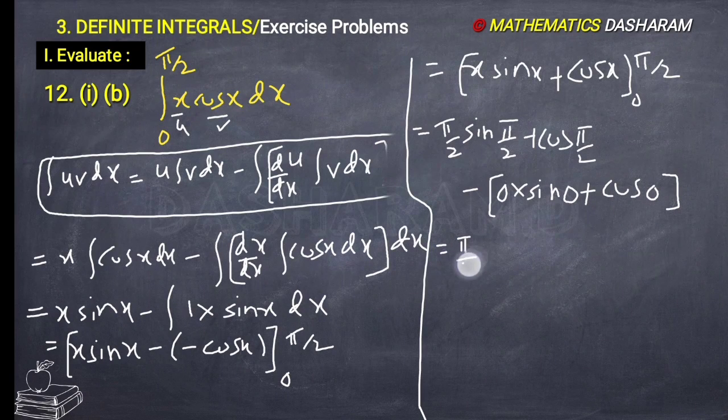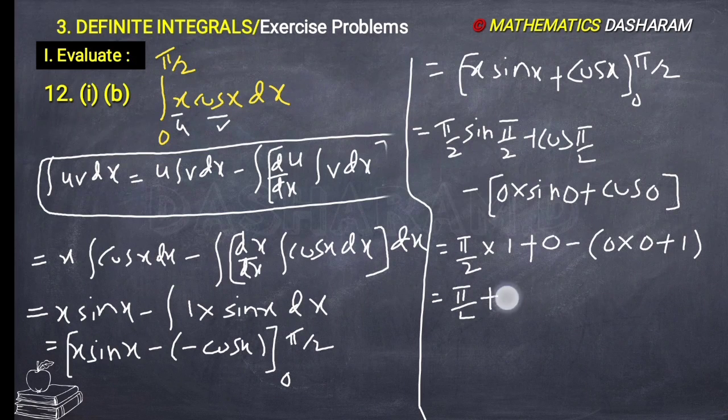So pi by 2 into sin pi by 2 is 1, cos pi by 2 is 0, minus 0 into sin 0 is 0, plus cos 0 is 1. So pi by 2 plus 0 is pi by 2. Next 0 into 0 is 0, 0 plus 1 is 1, so minus 1. So this is our required answer.